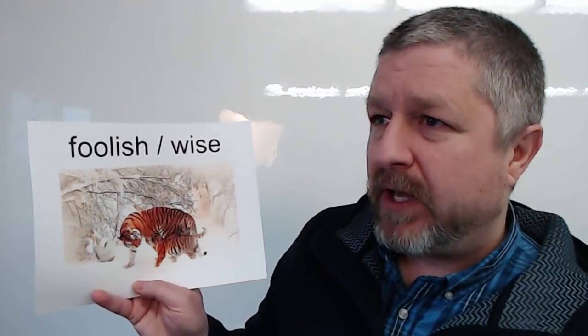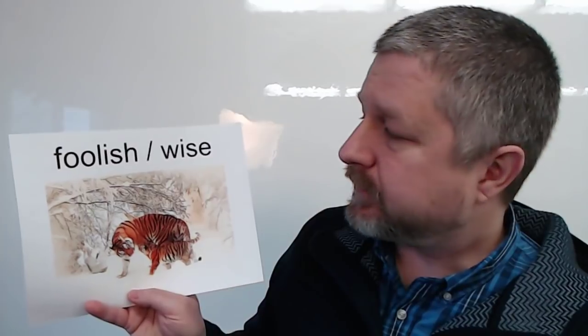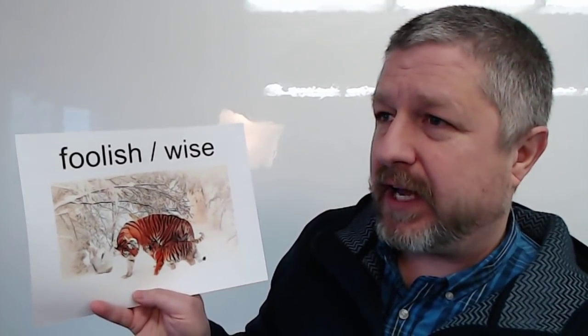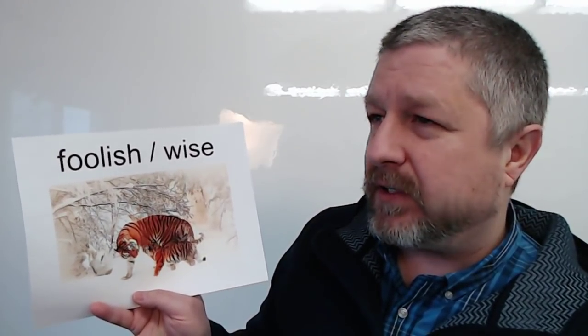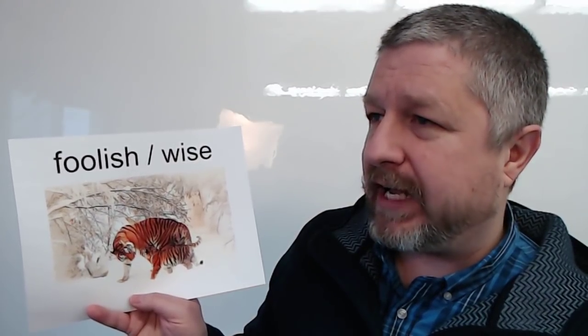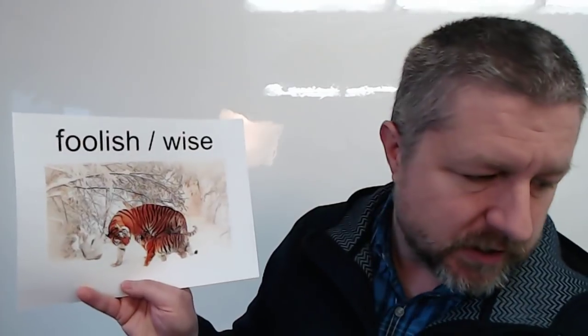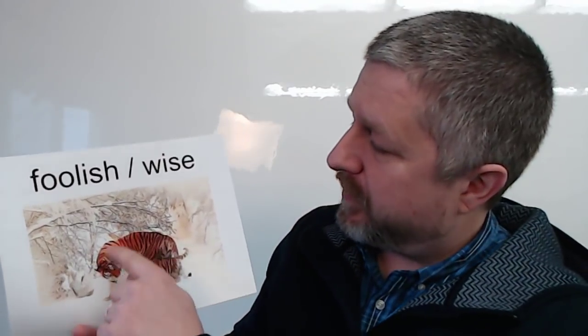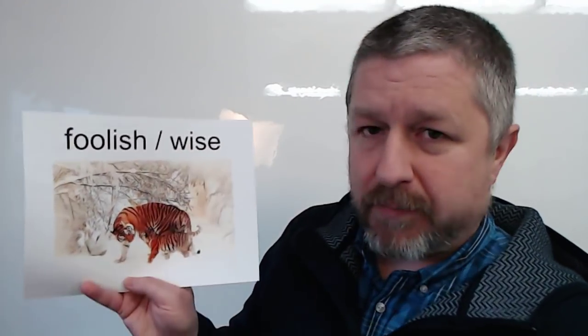The opposite of that is wise. So as we get older, we get wiser, and to be wise means that you're not just smart, but you have a lot of experience in life, and you're just good at giving people advice on good things to do in life. So I put the mother tiger here to represent wise.